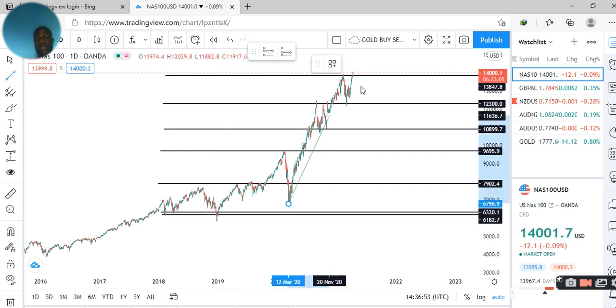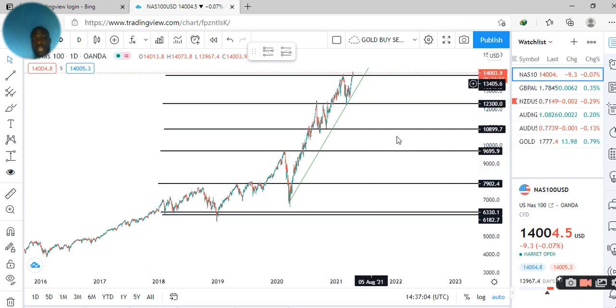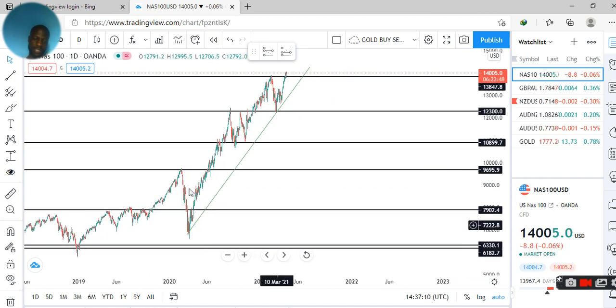Okay, so this was my initial trend line, right? Remember? Hope you're following. I hope you're not getting bored. Okay, so that was my initial trend line, right? Let's zoom in a little bit. Yes.